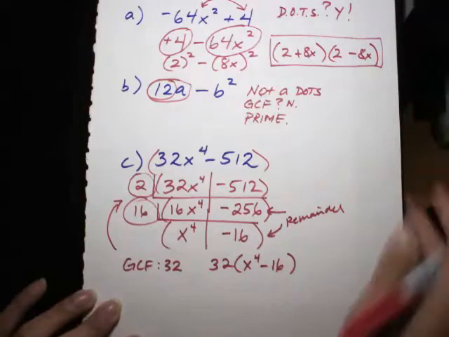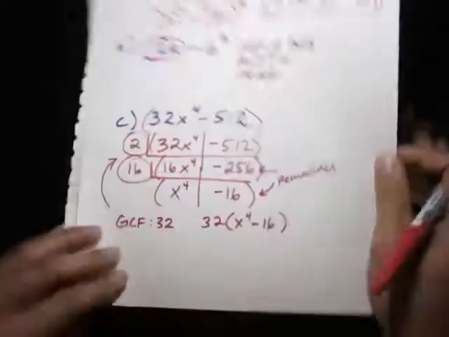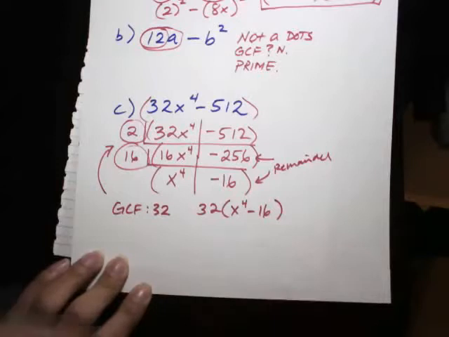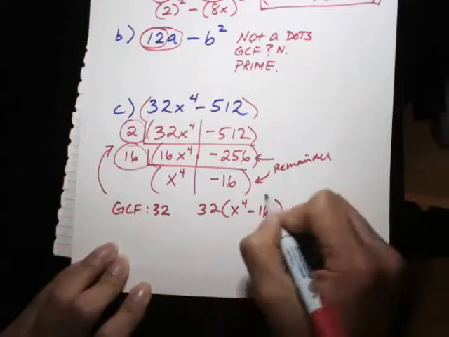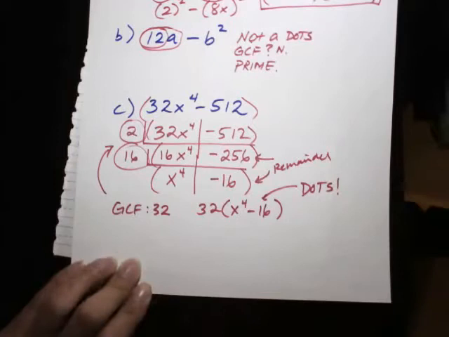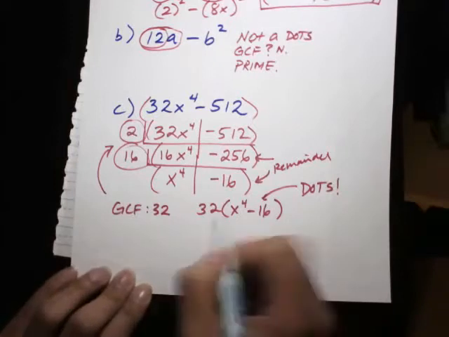However, are we done yet? You may have noticed that x to the 4th minus 16 is indeed itself a difference of squares. So what we have is a difference of squares within a difference of squares, a double difference of squares, so to speak.